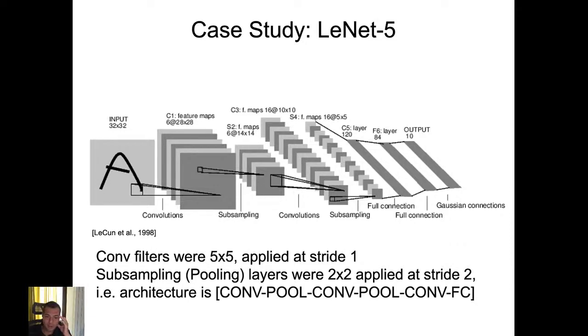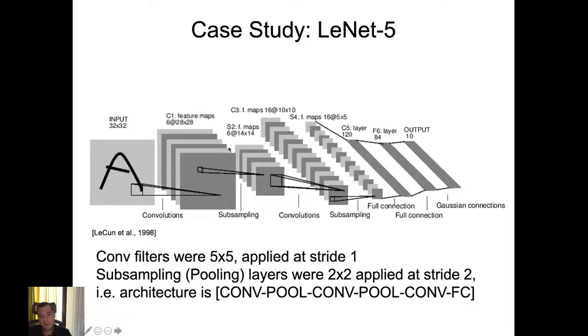Okay, so in this neural network we have 5 layers, and usually we count the convolutions and the fully connected layers. So we have convolution, subsampling, 2 fully connected, and 1 classification layer.